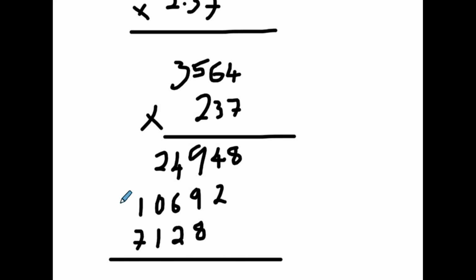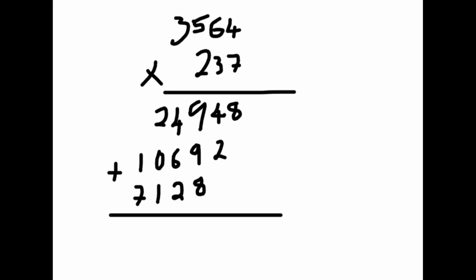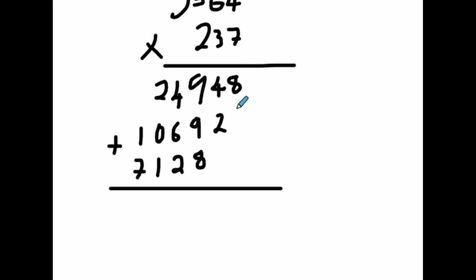So I'll do what now? I'll add everything up. So I'll bring down my 8. 2 plus 4, 6. 9 plus 9, 18. 18 plus 2 is 20. 26.